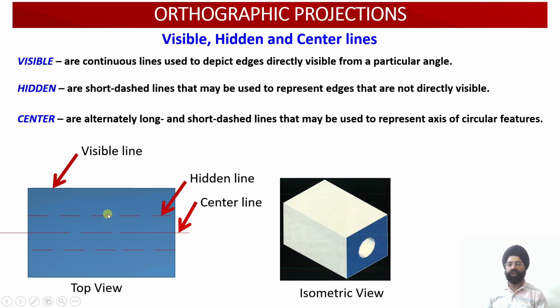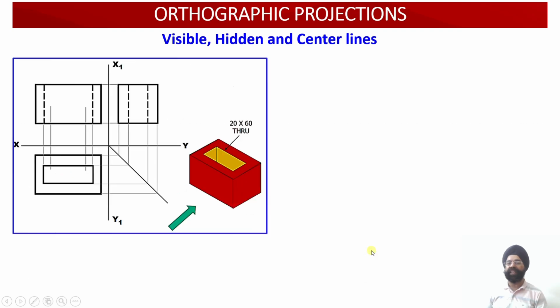But if I draw the orthographic projection, then the dotted lines drawn over here will clearly represent the length of this hole within this solid, right? So the isometric views have the limitation that the hidden lines are not drawn, so we cannot have an appropriate idea about the construction or the geometric features of those components.